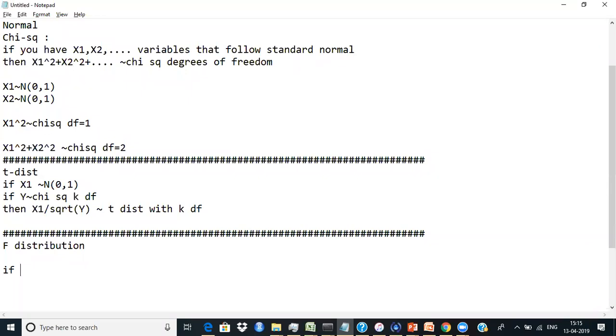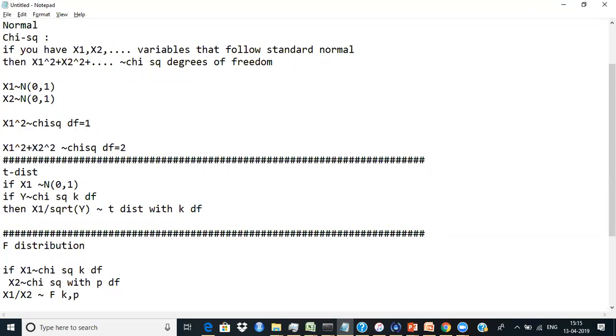Say I have a variable x1 that follows chi-square with k degrees of freedom, and I have another variable x2 that also follows chi-square with p degrees of freedom. Then x1 by x2 will follow F distribution with 2 degrees of freedom, k and p.